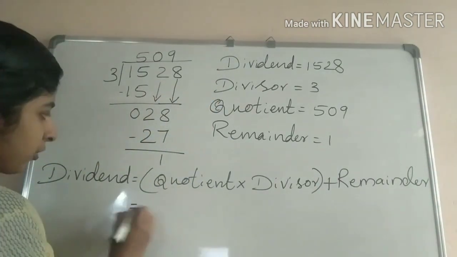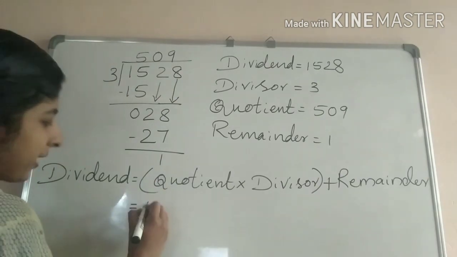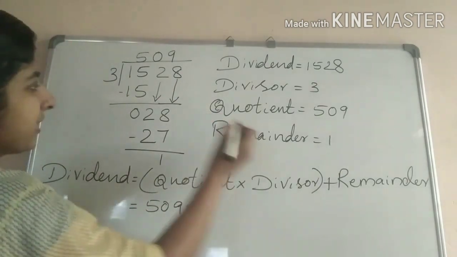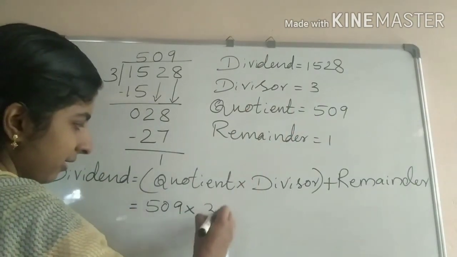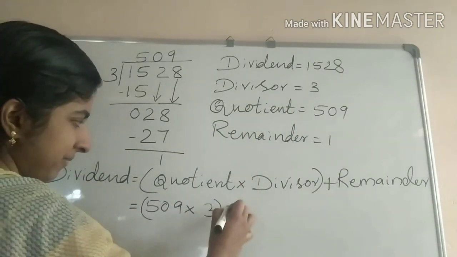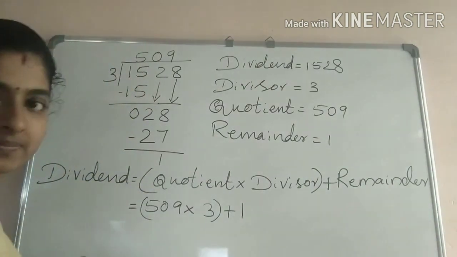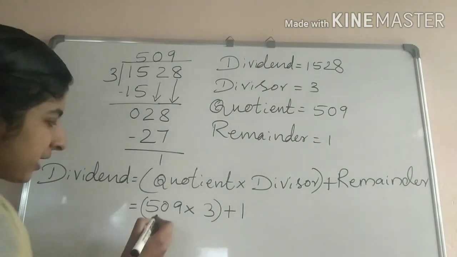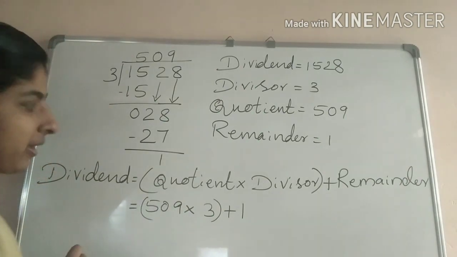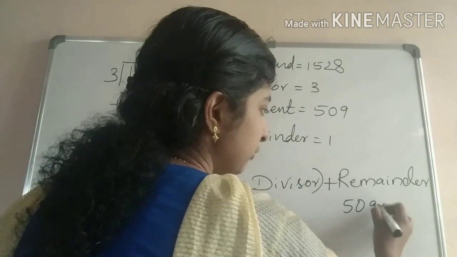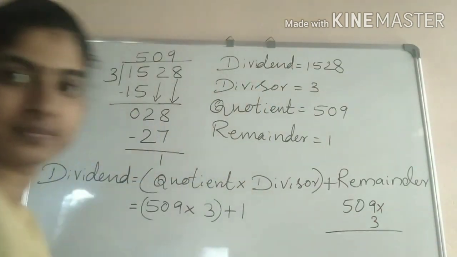So, quotient is this 509 into a divisor is 3 plus a remainder is 1. Then you check 509 into 3.